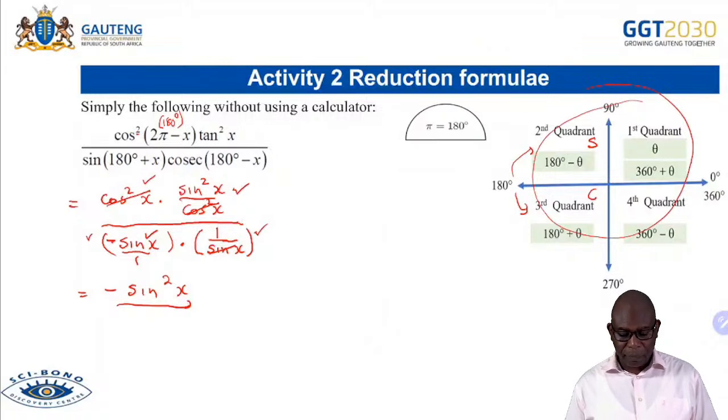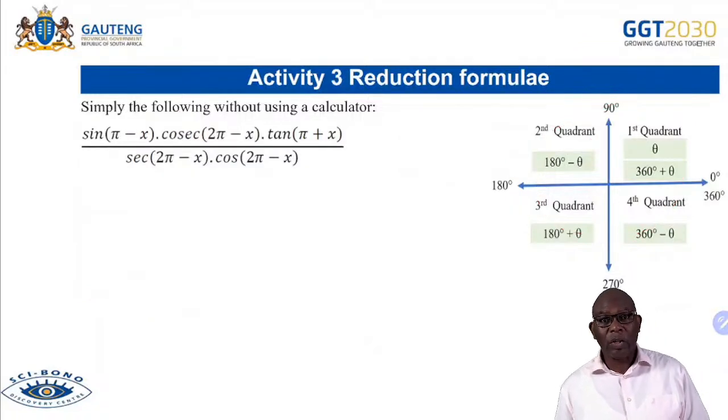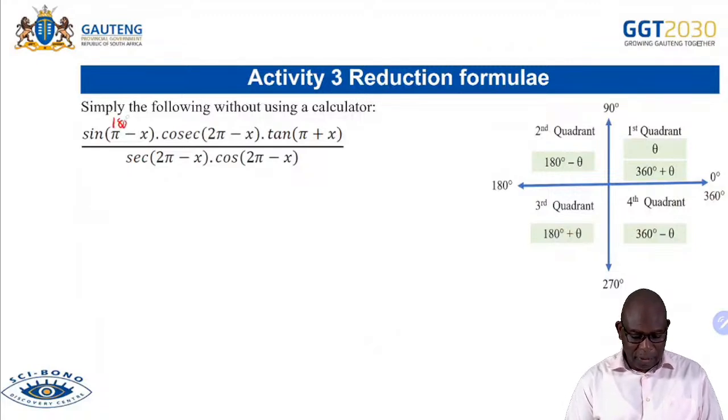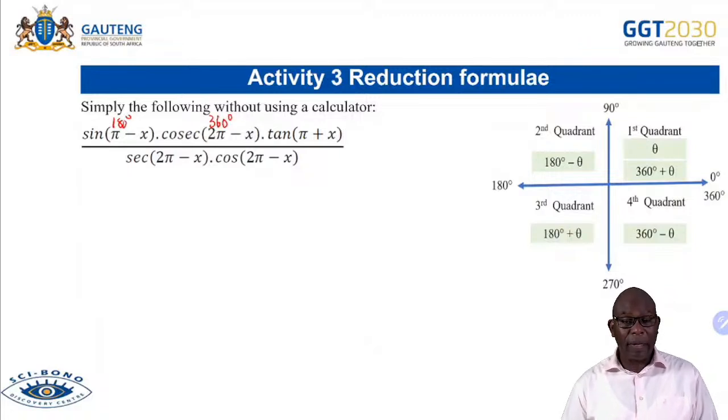Okay. The last question on the reduction formula. It's basically the same thing that we were doing on the other one. Remember, this is 180 degrees. This will be 360 because it will be 180 times 2. This is 180 degrees. This is 360 degrees.